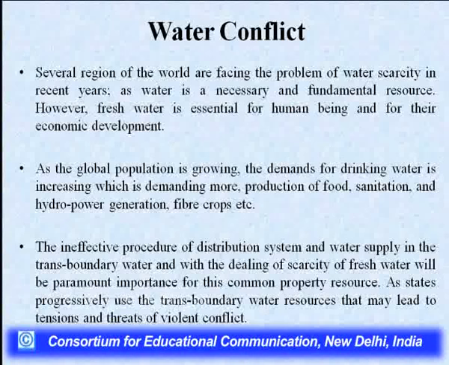We can take the example from the global level. Water conflicts are generally found in those particular regions where the water is shared between different countries. In fact, the scarcity of the water resource and the need for water are very important, because for human development and economic development, the need for water is more.